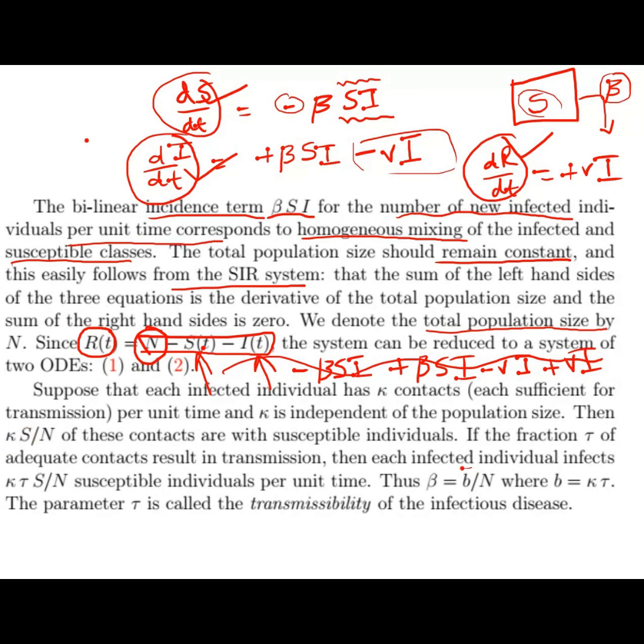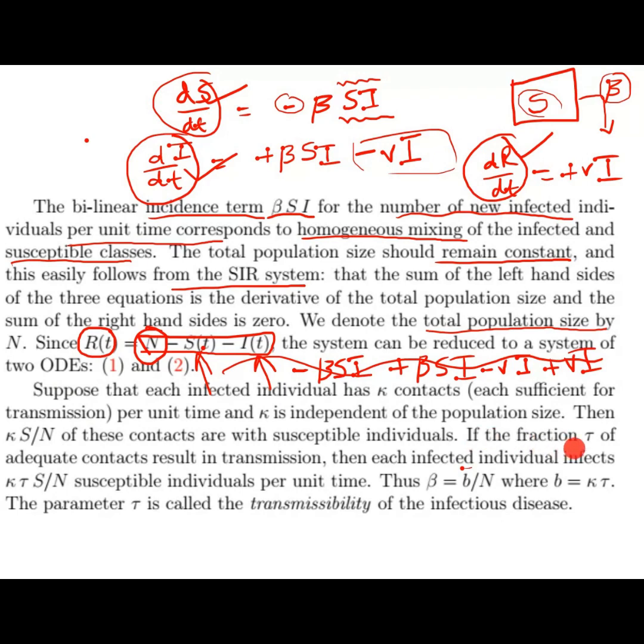So we have got KS, where each infected individual has got K contacts. So K contacts in the susceptible, then divided by N. So this is the portion of the total population of susceptibles that actually gets into contact sufficient for transmission, right?